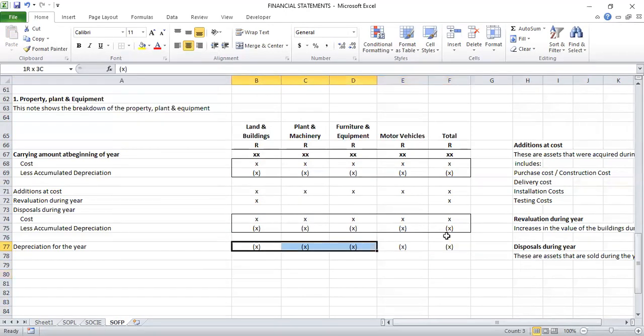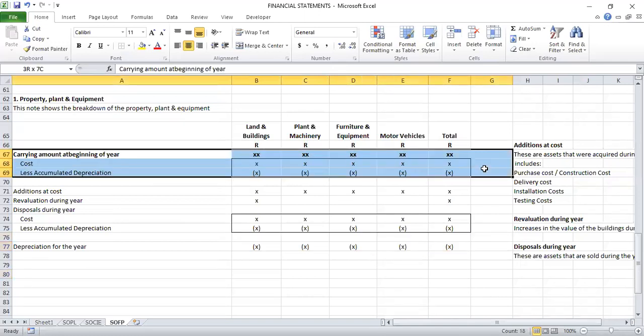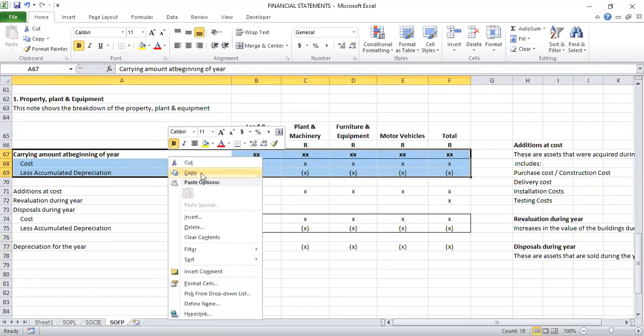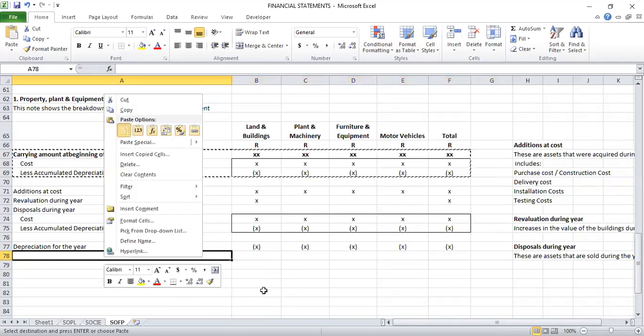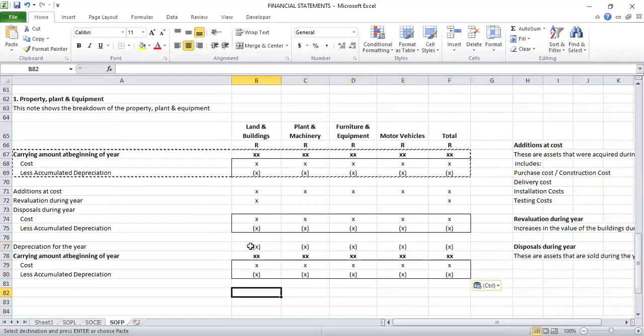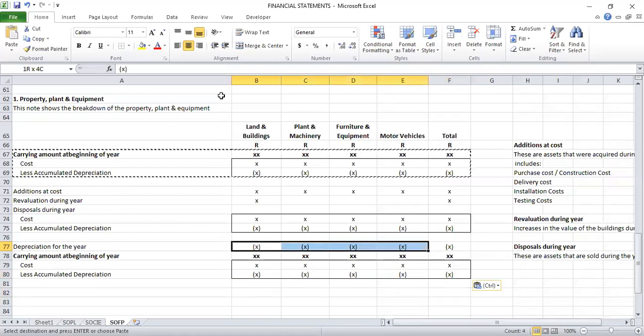Then we get our carrying amount at the end of the year.